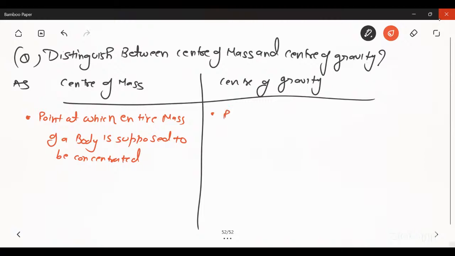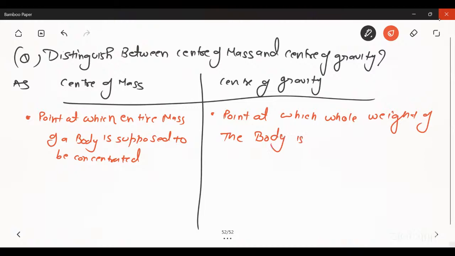And it is a point at which the whole weight of the body is supposed to be concentrated, because we know that there was a fixed point at the middle of the object.